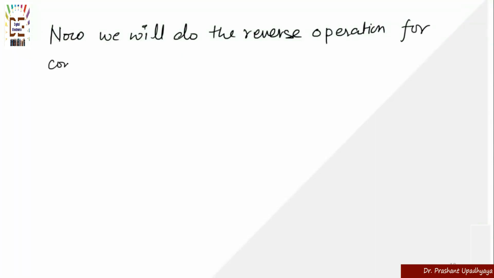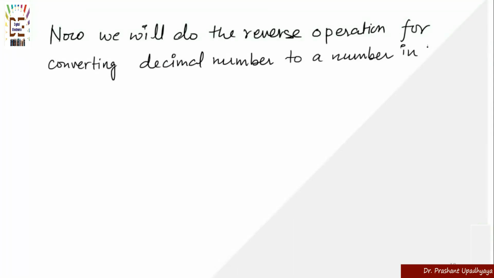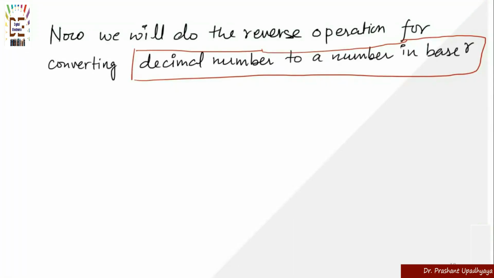Now we will do the reverse operation for converting a decimal number to a number in base R. Whatever the number, whatever the base, whatever the decimal number we are using, you should always know the mathematical relation for it. For any base we can convert to a decimal equivalent, and now we will do the reverse operation.